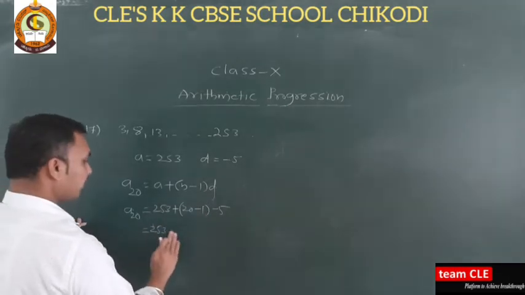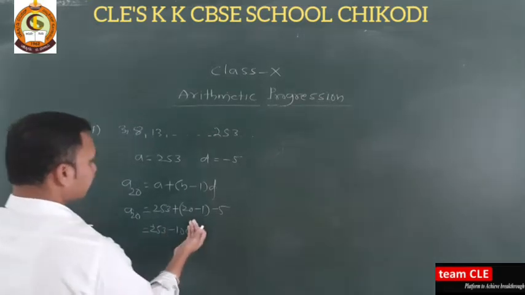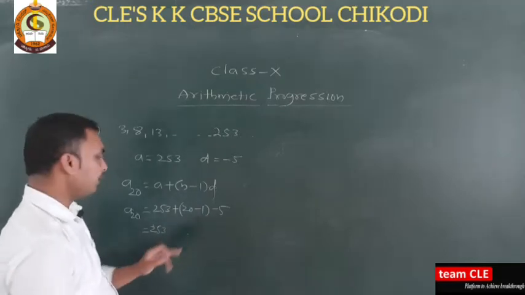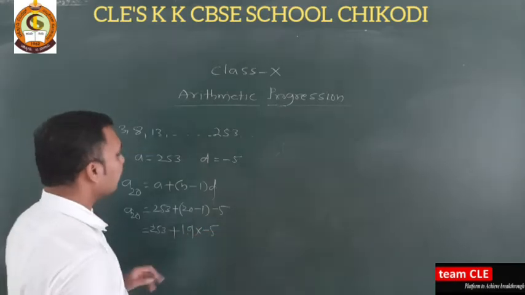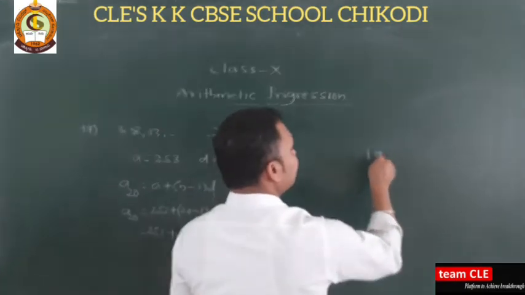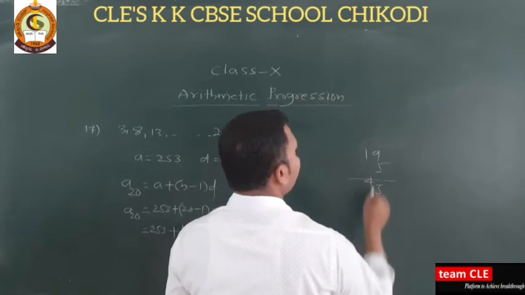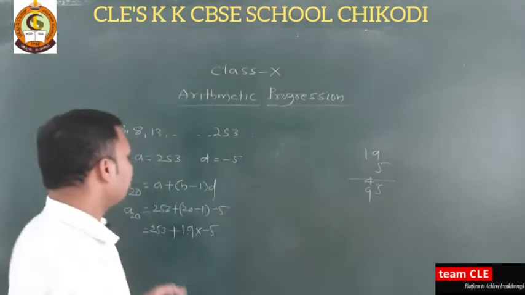Directly, 20 minus 1 will get 19, plus 19 into minus 5. So we can do it. It is 19, so 9 fives are 45, so 9 fives are 45 and 1 five is 5. We'll get 95.